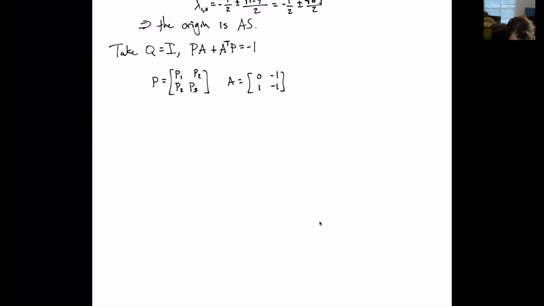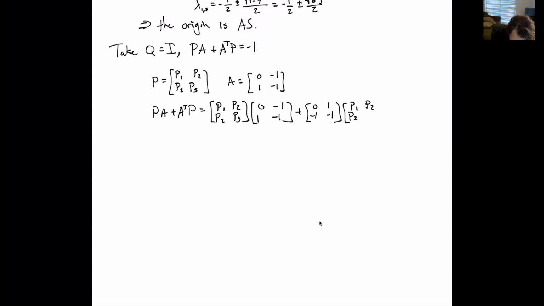Okay, now let's just say PA plus A transpose P is equal to P1, P2, P2, P3 times A, 0, -1, 1, -1, plus A transpose, so 0, 1, -1, -1, times P, P1, P2, P2, and P3. All right, let's keep this train going.